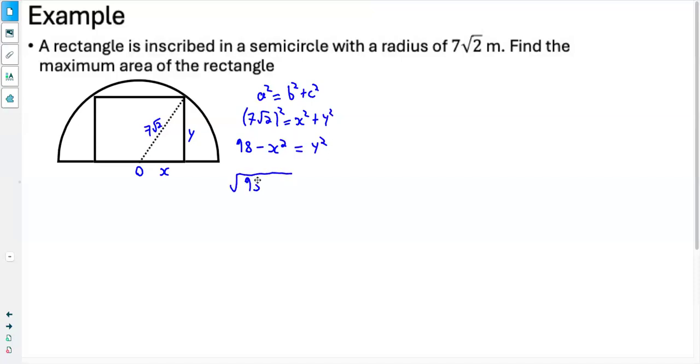So we know the square root of 98 minus x squared equals y. Now our area, we know, is length times width. So in this case, our length would be x plus x, so 2x, times our width, which would be this y, which we will substitute in this equation we have here.